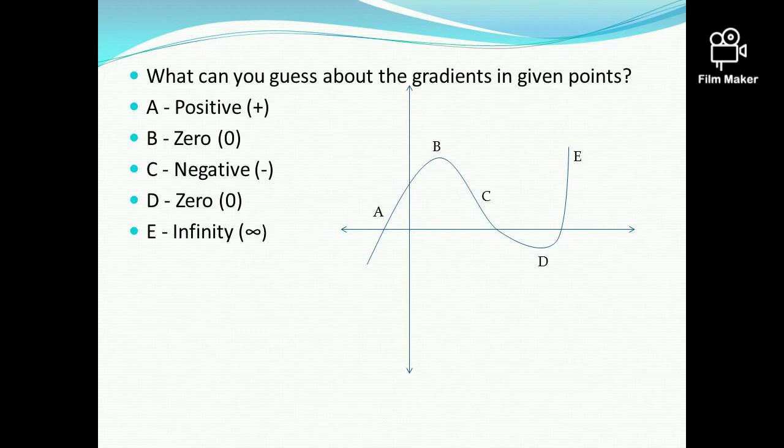At point C, you definitely get a negative value, because the angle is defined in a way that gives a negative value. Again, if you reach point D, that point is also parallel to the x-axis. Therefore, the gradient at D should be 0. Then at E, the curve is parallel to the y-axis. Therefore, the gradient must be infinity.